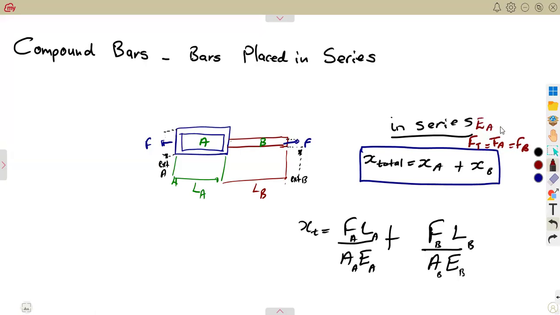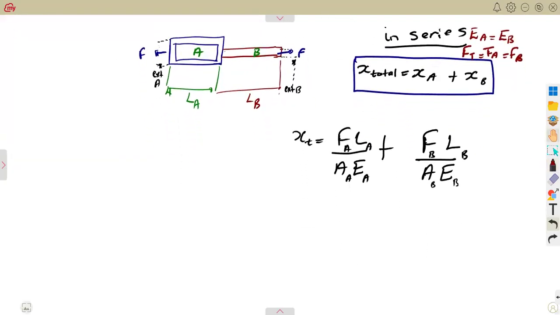The Young's modulus for A is the same as the Young's modulus for B. So in this formula, since the force and the Young's modulus are the same, we can factor these two out.